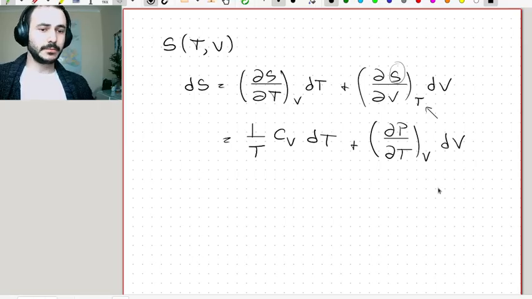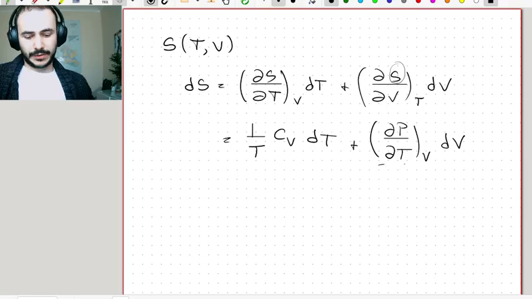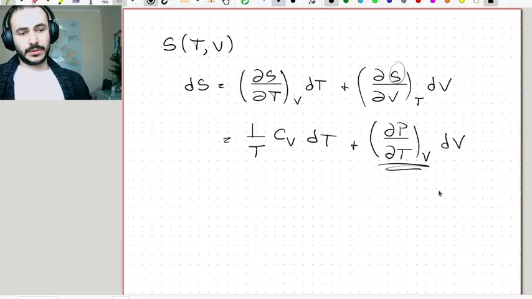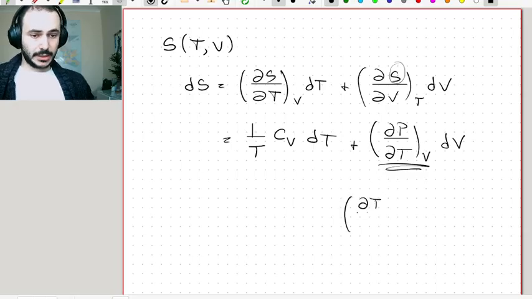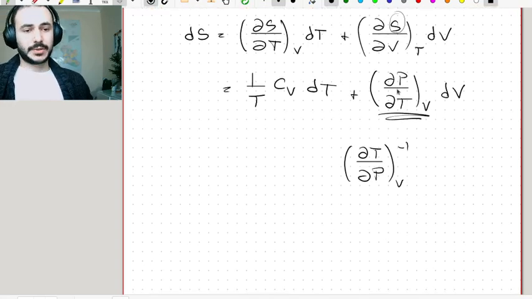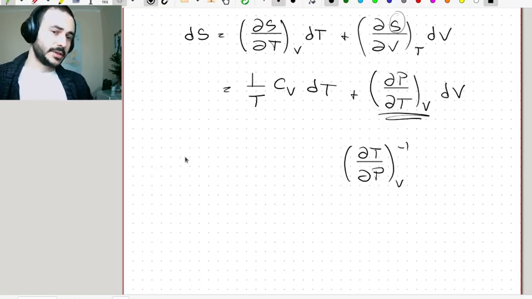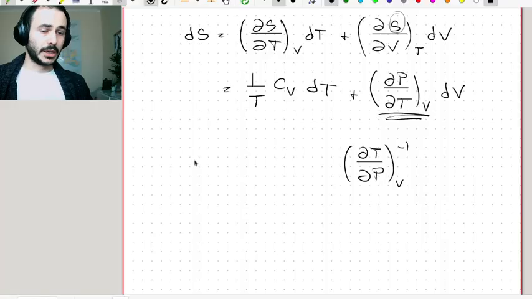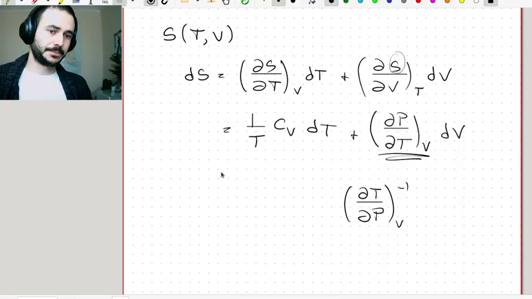Okay, and once again, evaluating this, you will have to do it from whichever equation of state you are given, and you have to choose wisely whether to make this derivative or perhaps make this derivative and then take it to the minus 1, or perhaps try to break this derivative down into, like I said before, the partial derivative of volume with respect to temperature at constant pressure, divided by minus the partial derivative of volume with respect to pressure at constant temperature, like I wrote here.